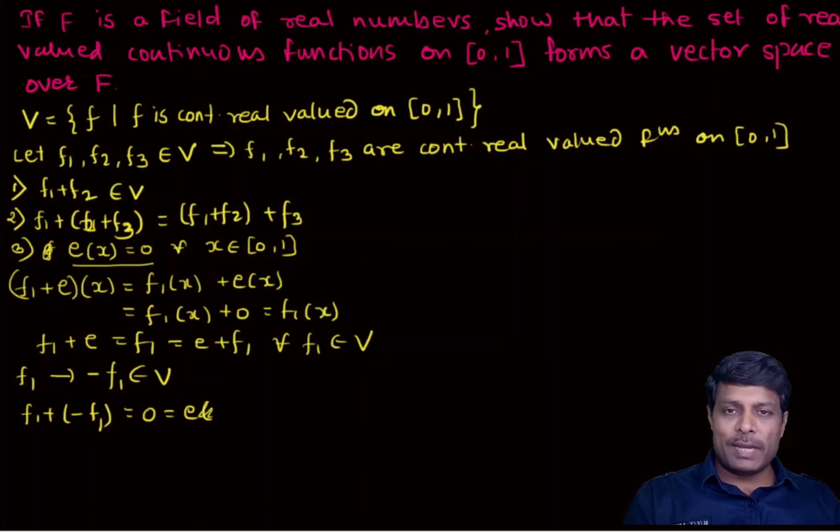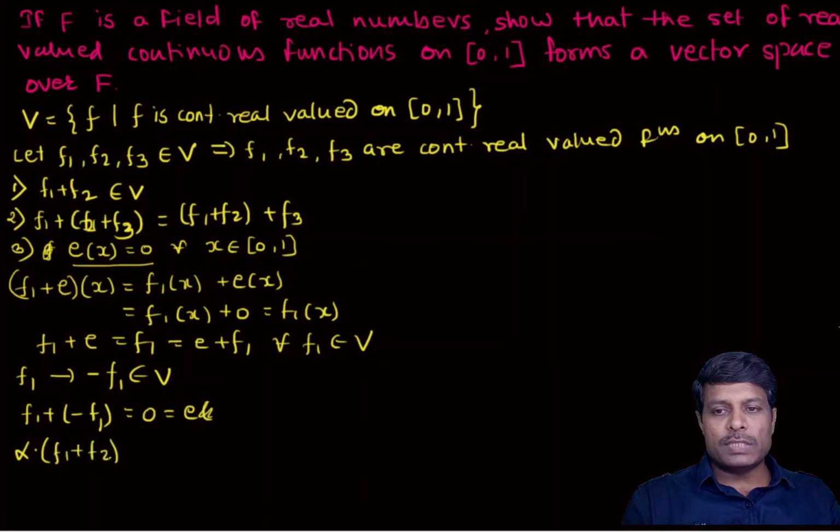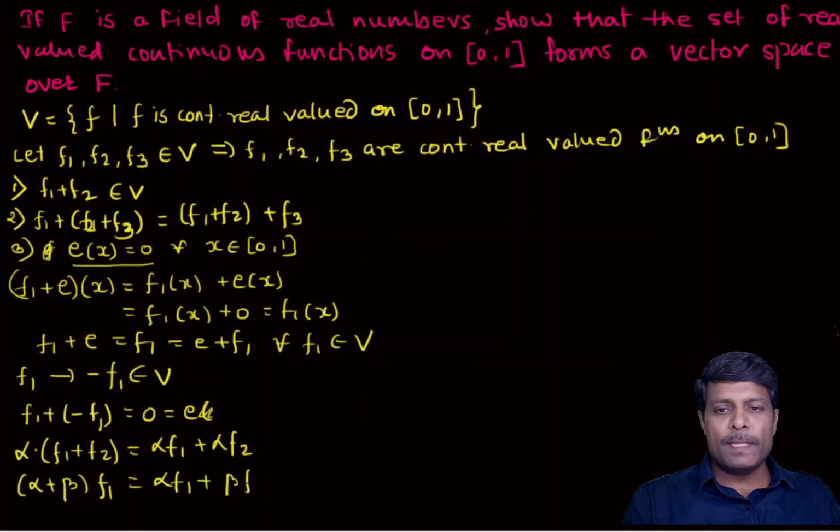And now the remaining conditions of the vector space, that is alpha times (f1 plus f2) is equal to alpha f1 plus alpha f2, or you can write (alpha plus beta) f1 is equal to alpha f1 plus beta f1, and 1 into f1 is equal to f1.